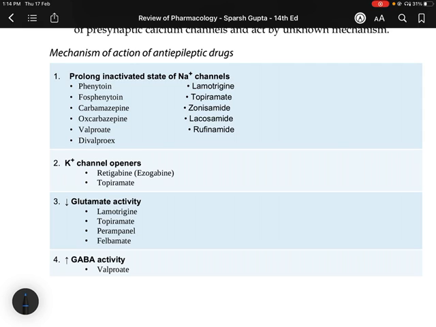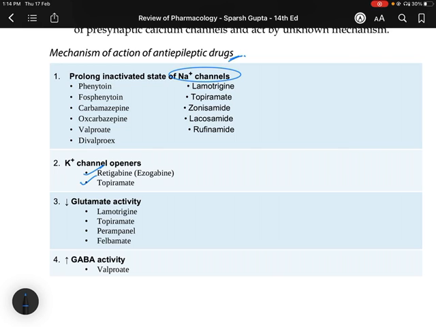Mechanism of action of anti-epileptic drugs. Prolonged inactivated state of sodium channel. We can inactivate the sodium channel, and we can also open the potassium channel so that the depolarized state is maintained. That is retigabine and topiramate. These are the two.